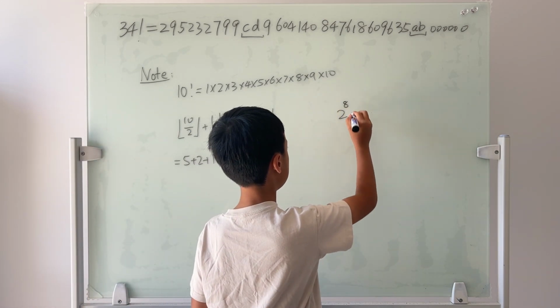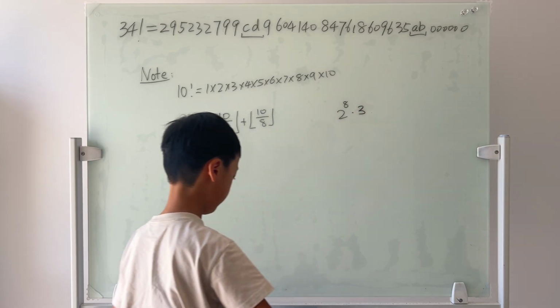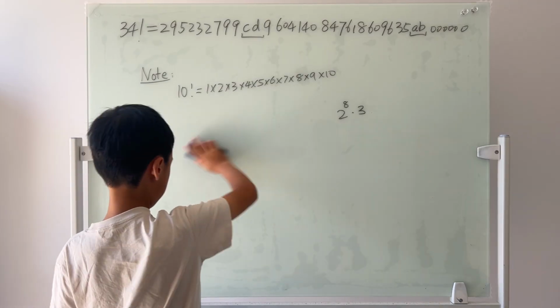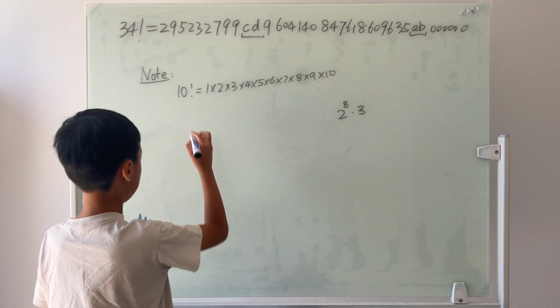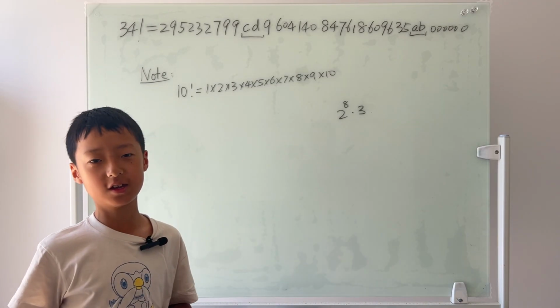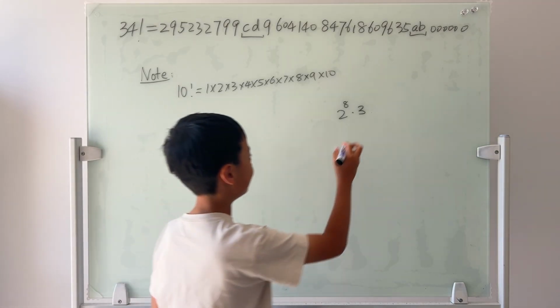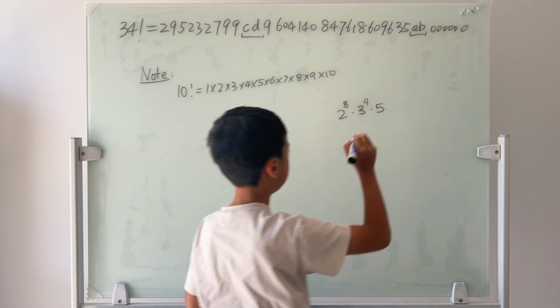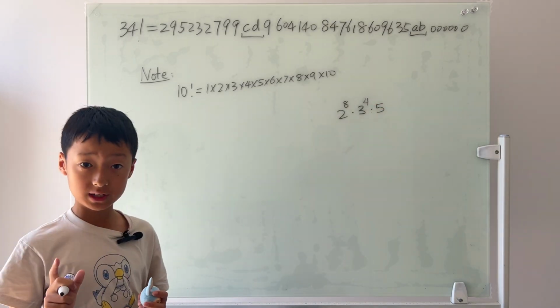So 2 to the power of 8 multiplied by 3 to the power of, actually, we already calculated 3. It was 4. Multiplied by 5. Well, we can actually do this in our head.